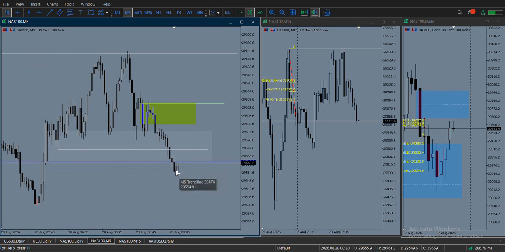So you can see the reaction right there from that inefficiency there. So that's a deeper discount. So you can see the reaction there.